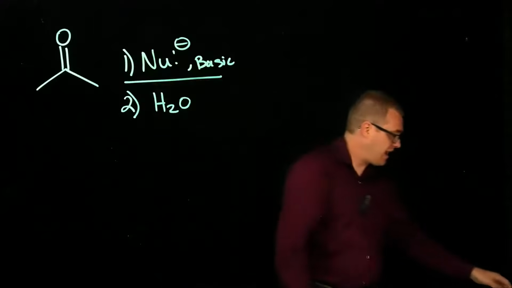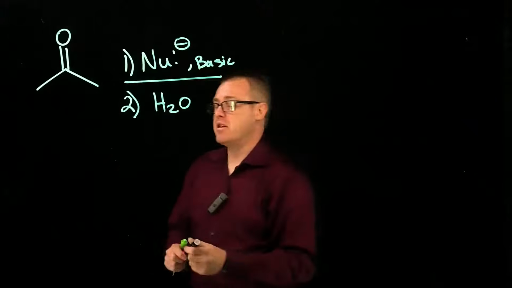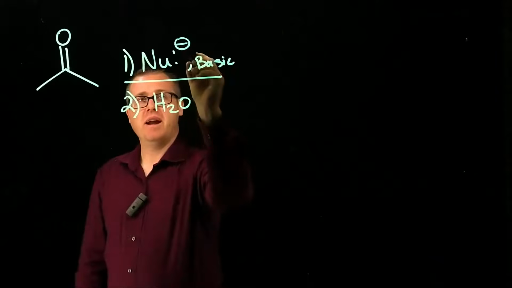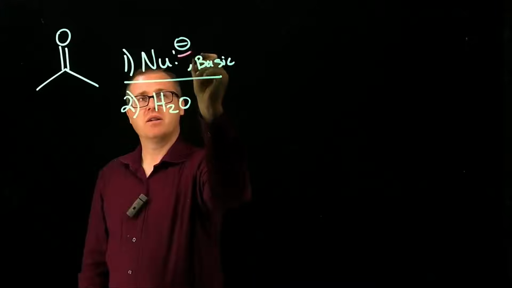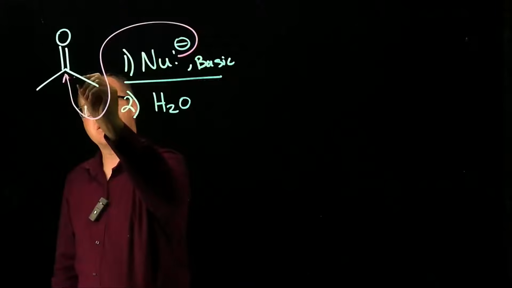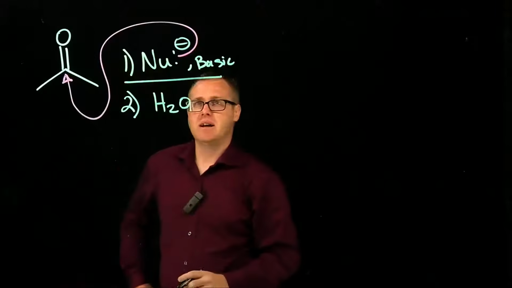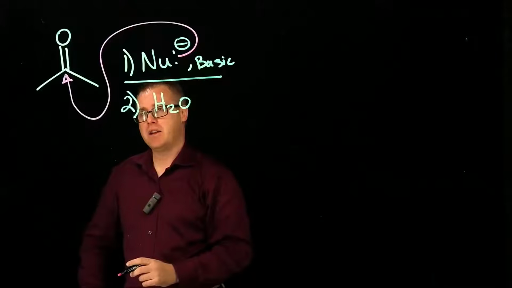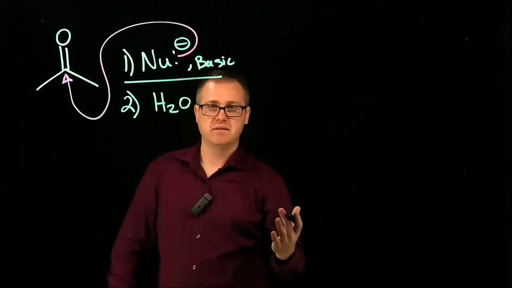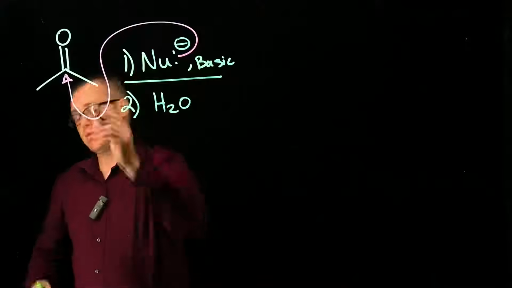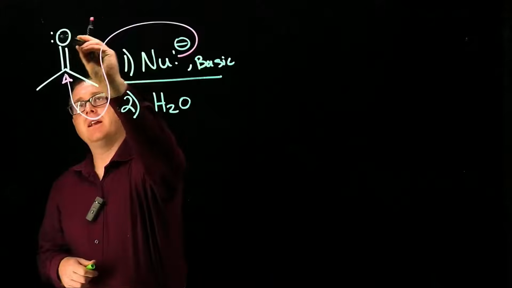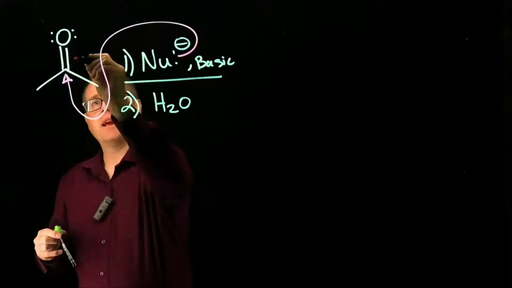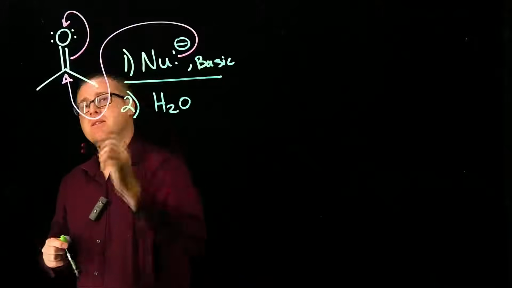Okay. So the mechanism that I'm going to show you applies to most of the strong nucleophiles. When they see a carbonyl compound, the lone pairs on the nucleophile are going to come in and attack the carbonyl. Now, if that's the only pink arrow I draw, then what have I just made? A pentavalent carbon, right? So we have to break the pi bond and put the electrons there.